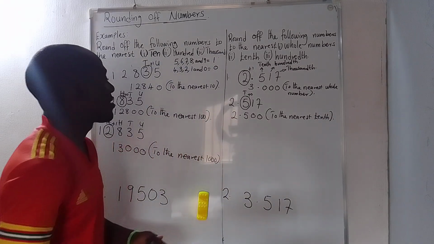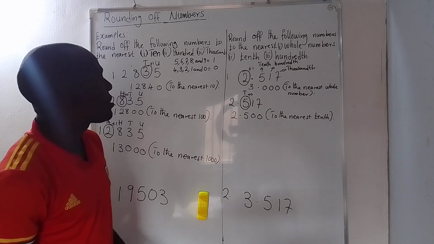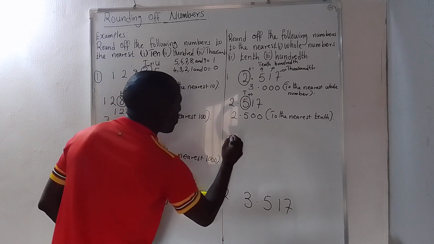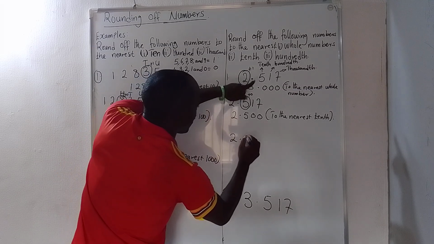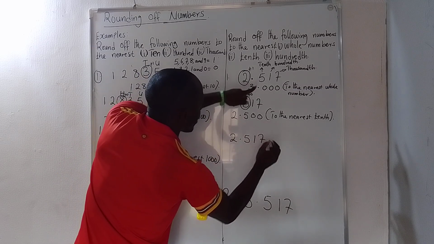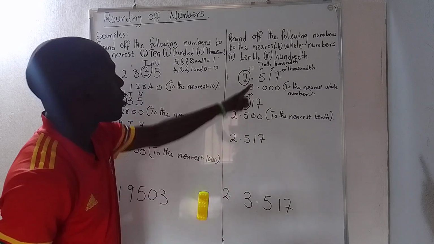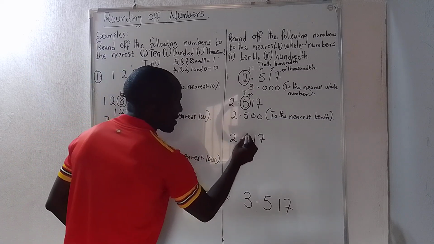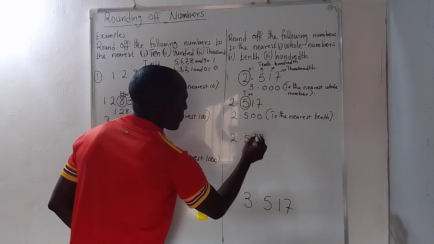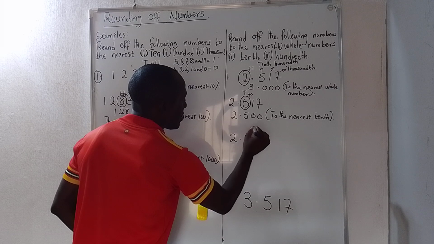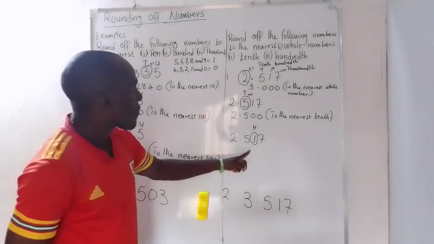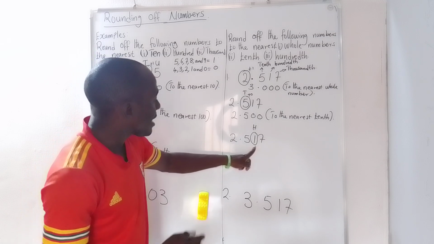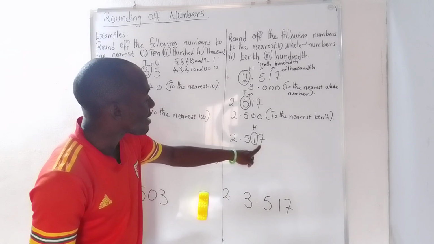Then the last part of the question, we say to the nearest hundredth. I'll repeat my question again. We have 2.517 to the nearest hundredth. This is my tenth. This is my hundredth. I would like to circle it. Now, like I told you before, from your right-hand side, the number close to the number that you circle is 7.